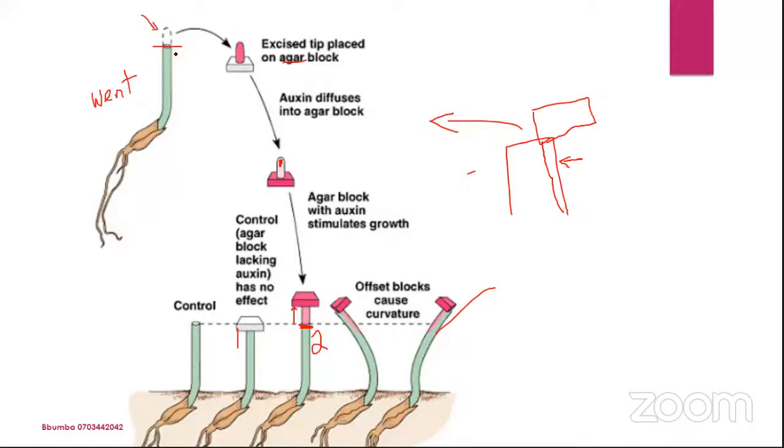He wanted to explain to the scientists that what makes this seedling elongate, to grow tall, is coming from the tip. And how did he do it?